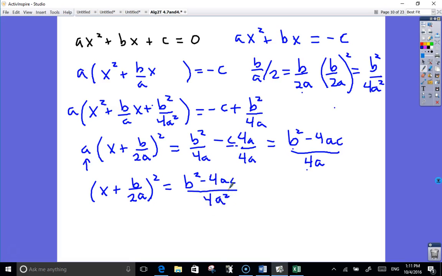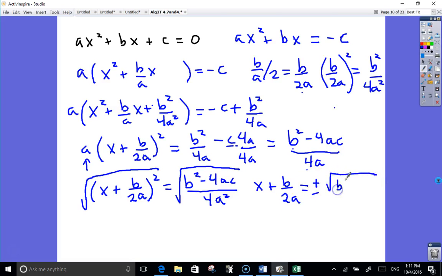Now we take the square root of both sides. Take the square root here, take the square root here. That'll give us x plus b over 2a equals plus or minus the square root of b squared minus 4ac.